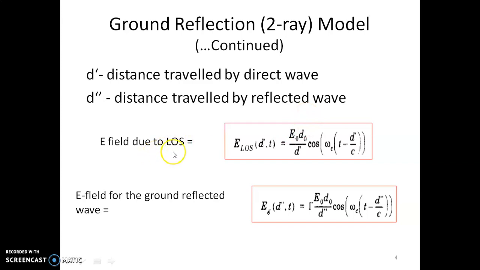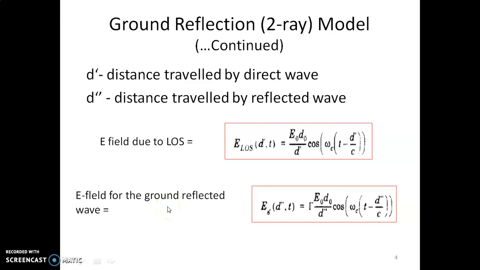So the electric field due to the LOS line of sight component is ELOS of d dash comma t, which is equal to E naught d naught by d dash cos of omega c t minus d dash by c.